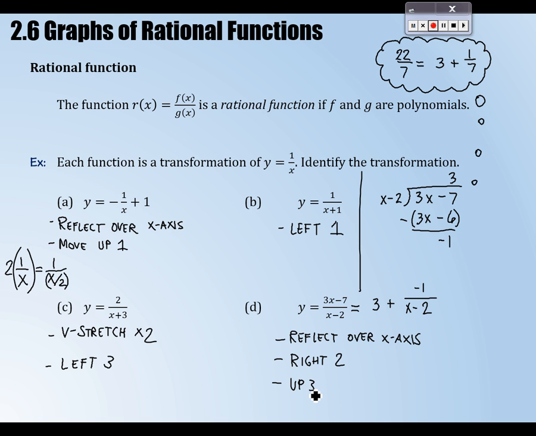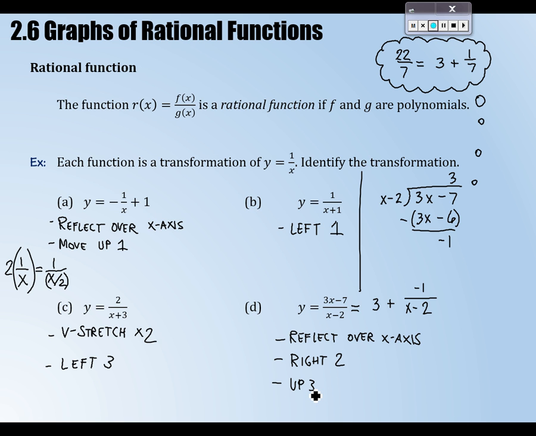Yeah, so let's be clear. I'm starting with the function 1 over x. Reflect that over the x-axis. What do we have now? I'm going to say negative 1 over x, because I said reflect over the x-axis. And then, what does it mean to move something right 2? You take the whole function, and anywhere you see an x, you replace it with x minus 2.